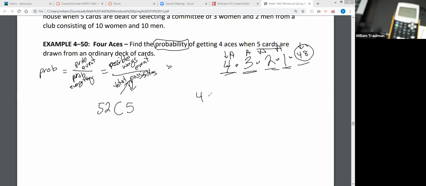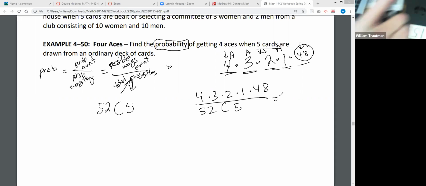My top is 4 times 3 times 2 times 1 times 48, all divided by the total possibilities of drawing 5 cards, 52C5. So this is a probability. And by the way, drawing 4 aces is a very small possibility if you play poker. On my calculator, I'm going to make my screen bigger.